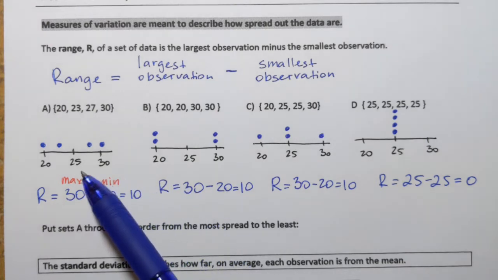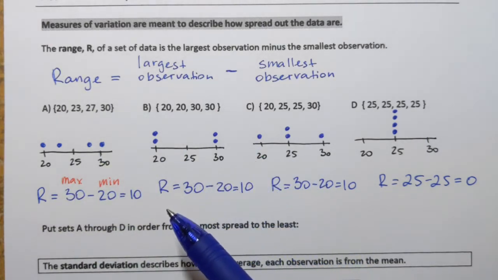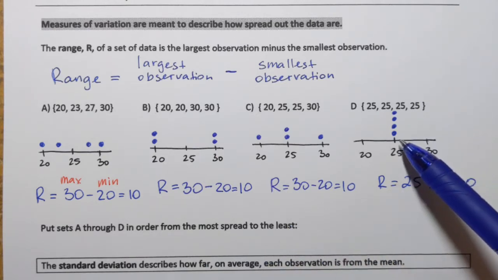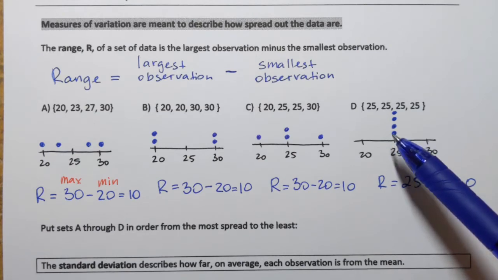Before we move on, since we already noticed that those sets look different, let's try using just our intuition to put the sets in order from the most spread to the least. Well, I think I can see which one has the least spread, right? That's D for sure, so that's going to be the last one. Which one does have the most spread?